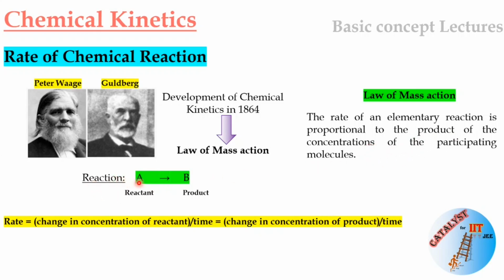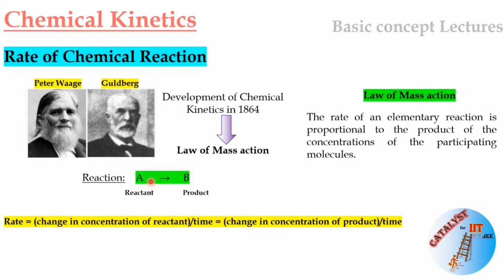If you consider the reaction from A to B, where A is your reactant and B is your product, A is your participating molecule. So the rate of the reaction will be proportional to the concentration of A. If you have many more reactants, not just A, then the rate of the reaction will be proportional to the product of the concentrations of all the reactants.